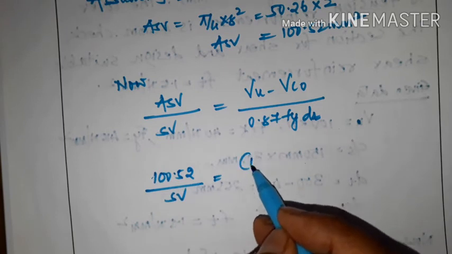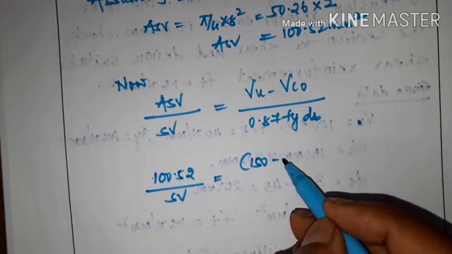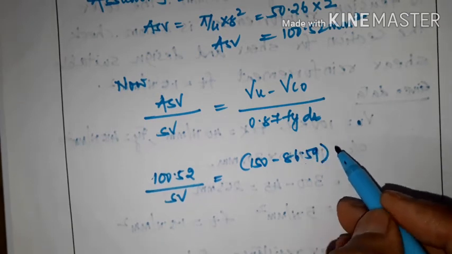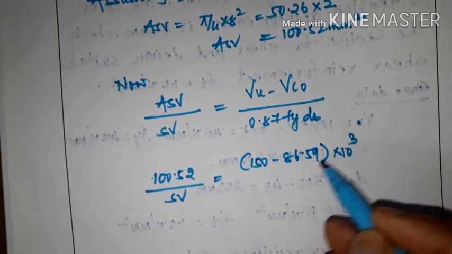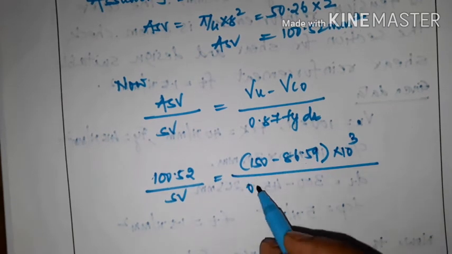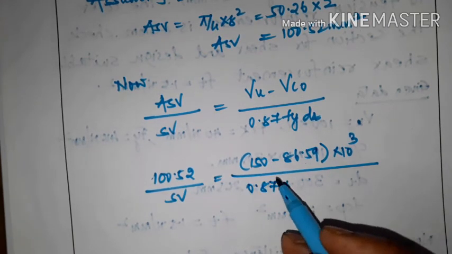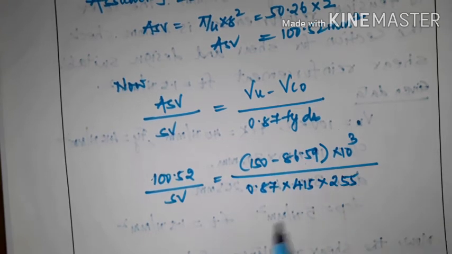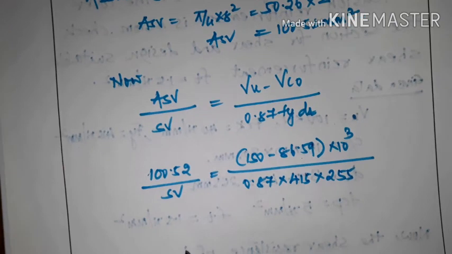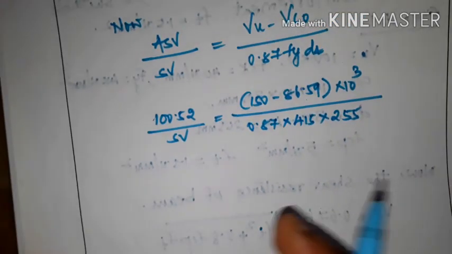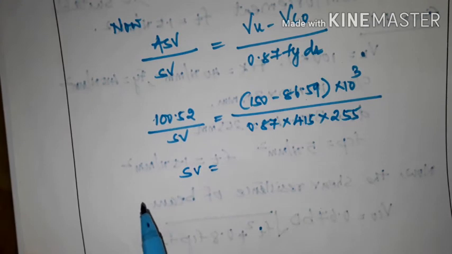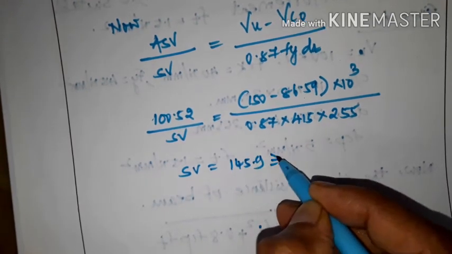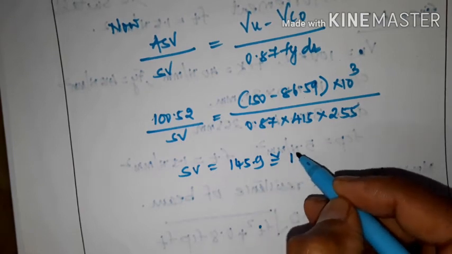This is 150 minus 86.59 into 10⁻³ to make it in Newton, divided by 0.87 Fy is 415 into dt is 255, that is the effective depth. So we will get SV is equal to 145.9. So we will round it to 140 mm.